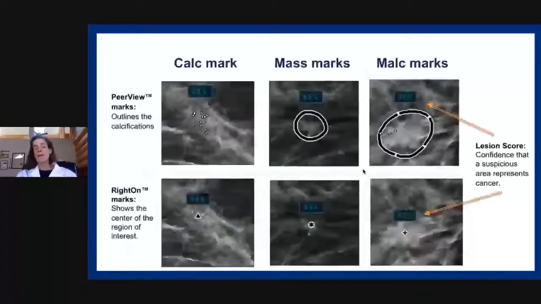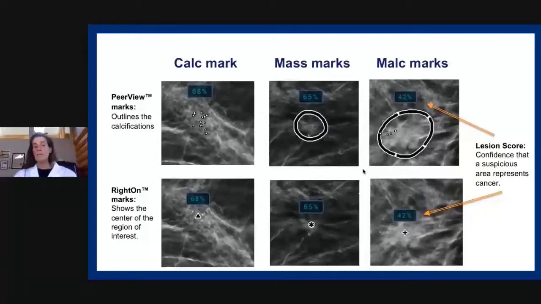So you're able to quickly get a lesion score, which tells you basically, compared to all the algorithms that were utilized in this artificial intelligence product, how confident it is that a suspicious area represents a cancer relative to the other lesions and throughout the algorithm.